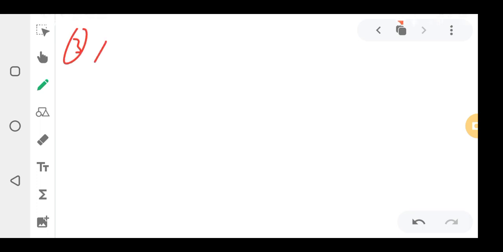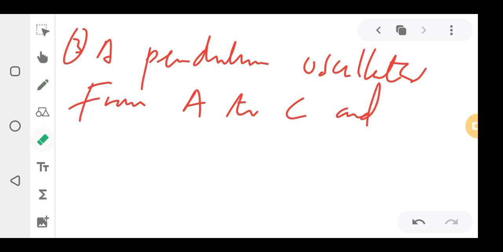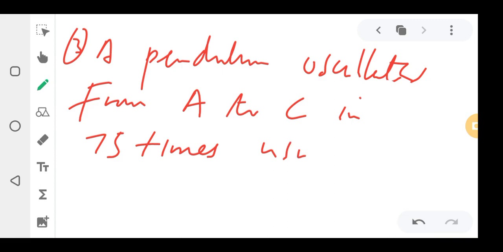Question 3. A pendulum oscillates from A to C 75 times in 5 minutes.